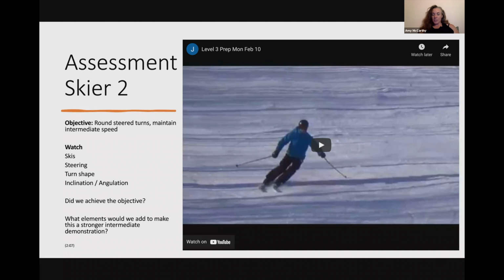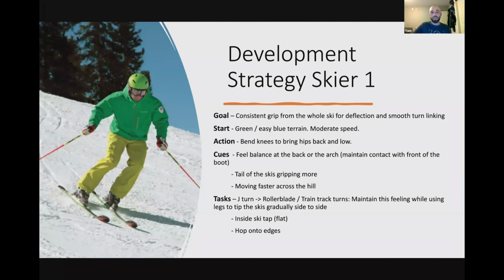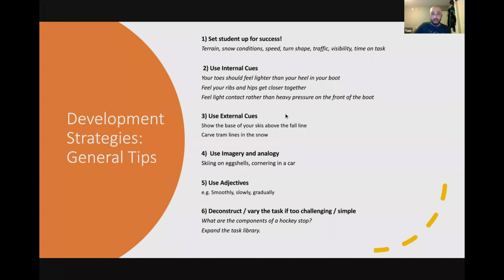Another suggestion was patience through the turn. Yeah, absolutely. Again, it links into that idea of using adjectives. So making sure that we're using adjectives like, again, we're talking about adding some angulation here.